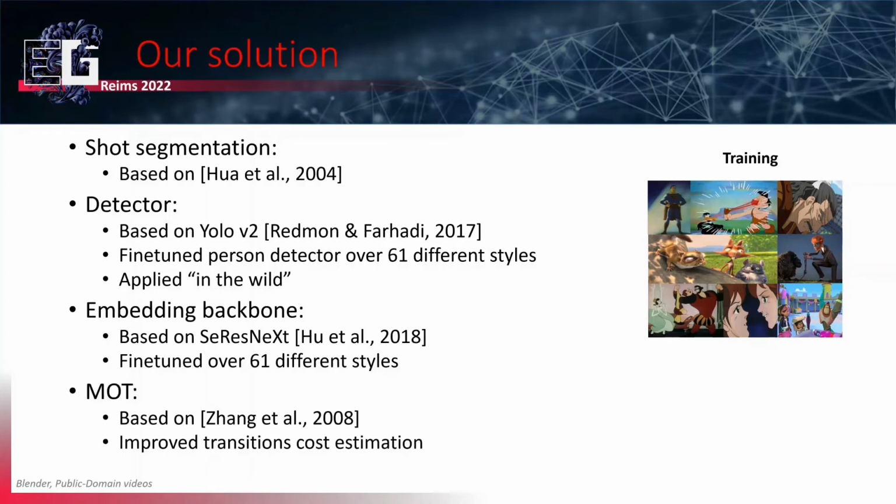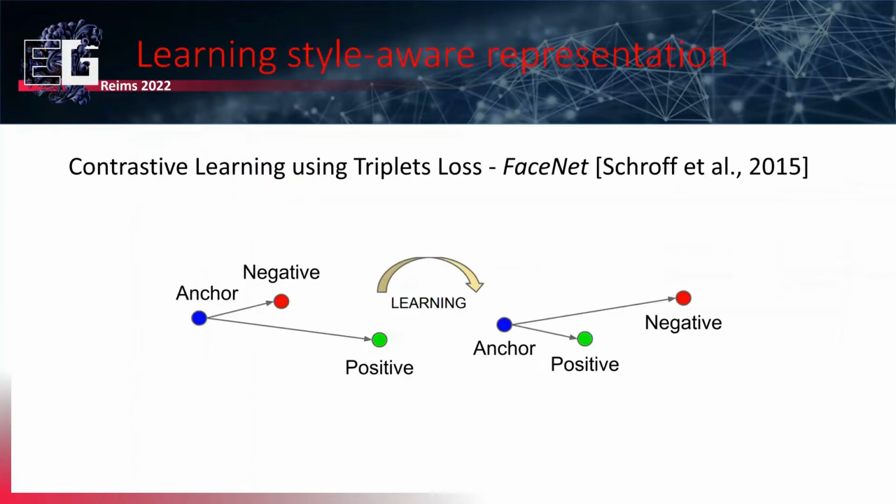For multi-object tracking, we've been using the classic max-flow min-cost approach and improved the transition cost estimation function. We leverage the triplet loss idea from FaceNet, which uses 3 images as the unit of analysis for adaptation. 2 examples of the same identity are considered anchor and positive, while an example of a different identity is considered as negative.